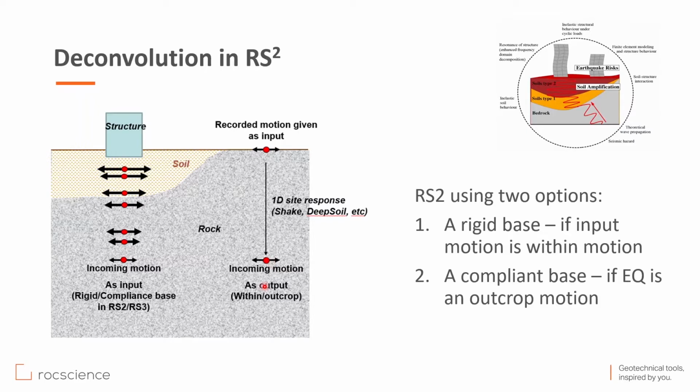In this case, we have a possibility in RS2 and RS3 to use, of course, the user can input the seismic motion with two options: a rigid base, where input motion, acceleration, velocity, or displacement is applied directly to the nodes, to the mesh.